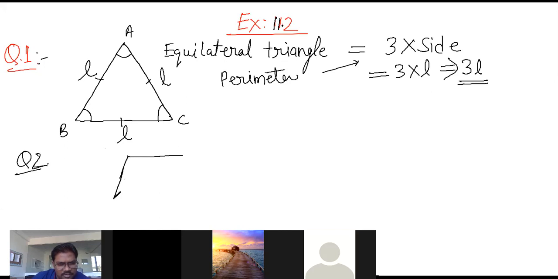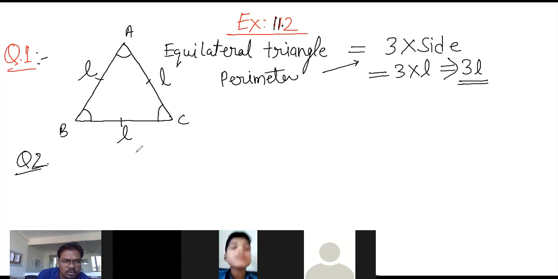A figure having 6 sides. Okay, very good. And what about regular? All sides are equal. Okay, very good. A regular hexagon has all sides equal.